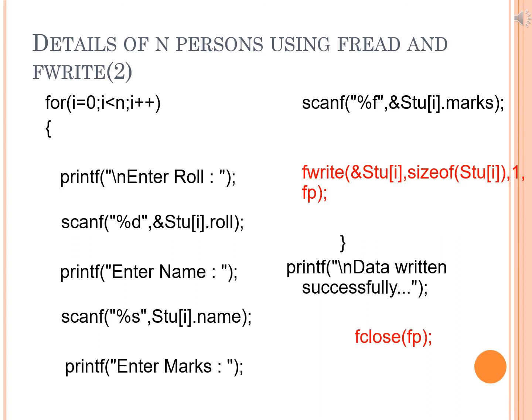Once you write one record, the pointer fp will be incremented by that much size of bytes. So the next one, when you are entering stu[1], it will be incremented again. Then stu[2], stu[3], similarly till stu[n]. So after coming out of the loop, printf data has been written successfully and you are closing the file pointer.